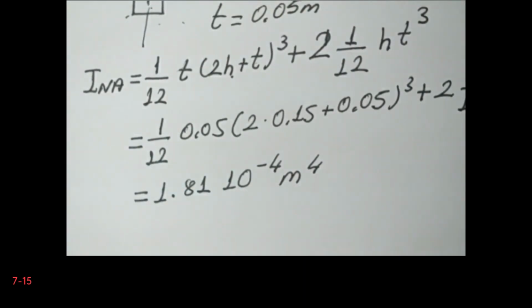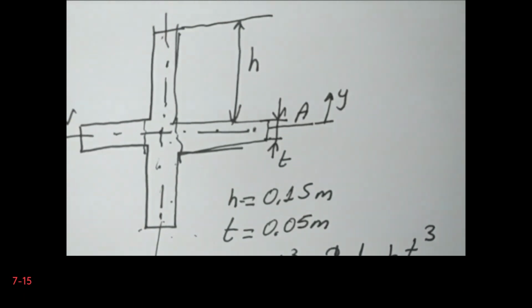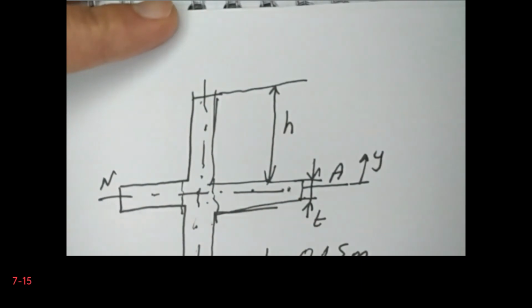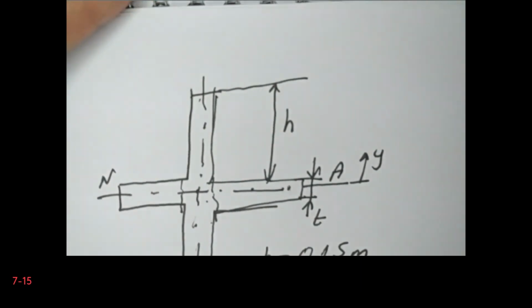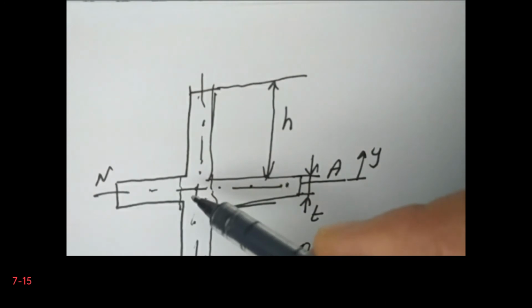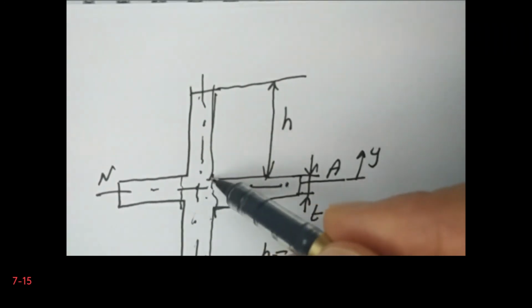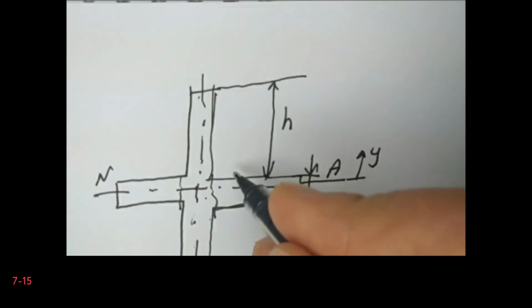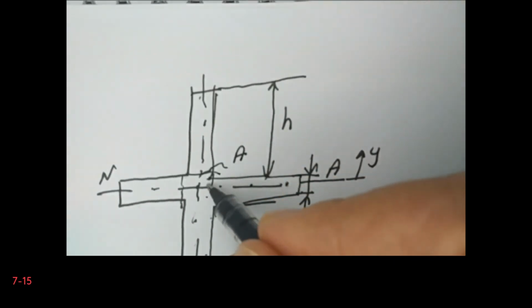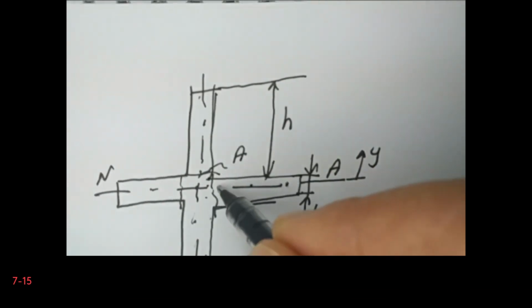Let's return back to our cross section. Now, if you look at this cross section, we certainly see that there are two different regions. So one is above the point A, and one is below the point A to the neutral axis. So there are two regions, and in fact we need to calculate the first moment of the area as a function of y.